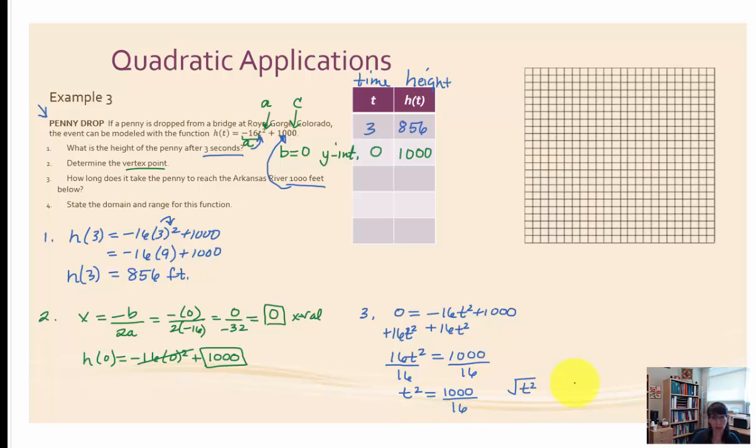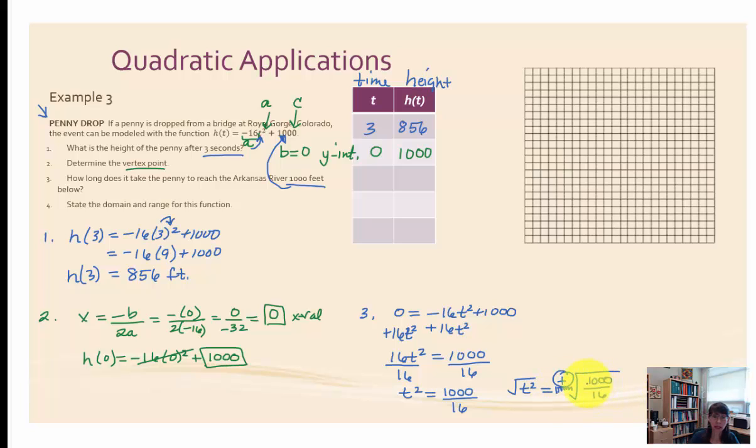So the square root of t squared is now equal to plus or minus the square root of this fraction. Do we need to consider both of the roots? A positive root makes sense because time would have to be positive. But if we use the negative, that would be negative seconds. So we really don't need to use plus minus. Just the positive root would make sense here.